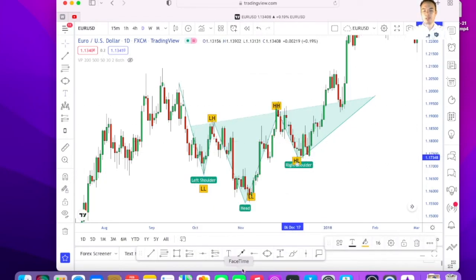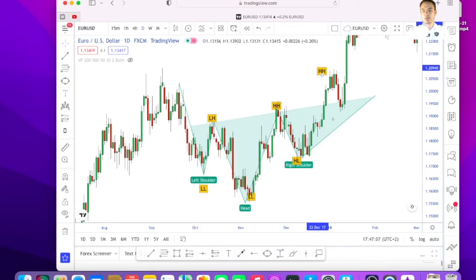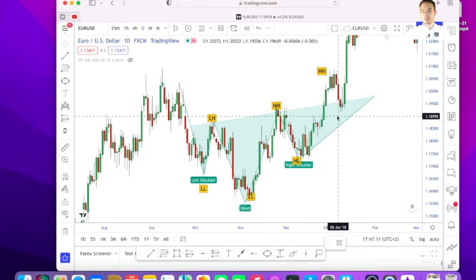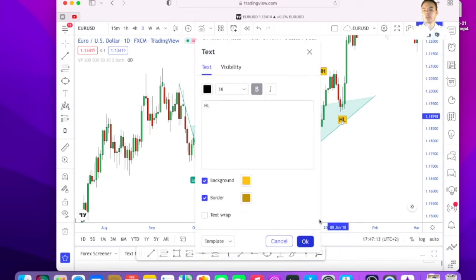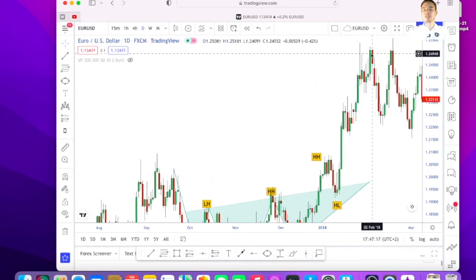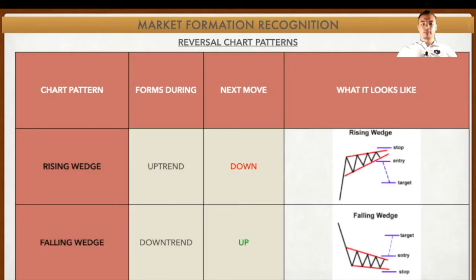Then boom, higher high. Now we wait for this retest, higher low, and then we look for buying opportunities. Then we buy, would have profited. So that is an inverse head and shoulders.